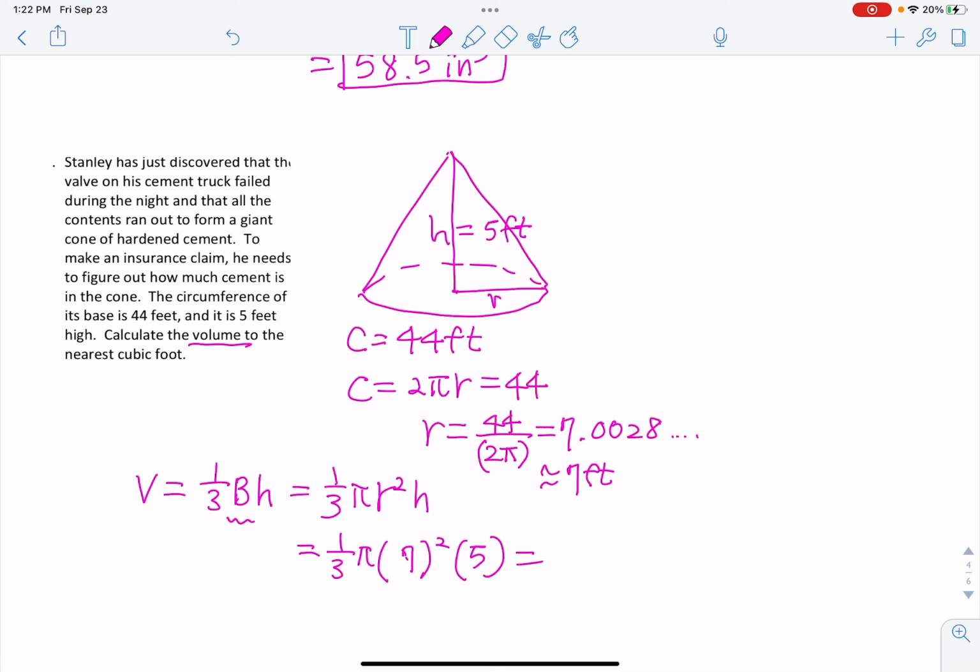Then use your calculator to calculate that. There will be 256.55634 cubic feet, and then rounded to the nearest cubic foot, it will be 257 cubic feet.